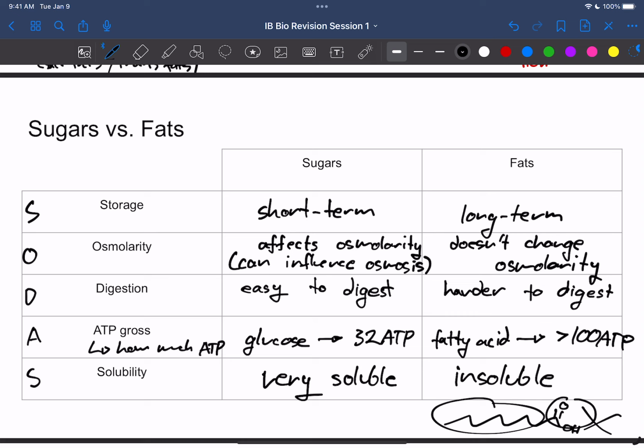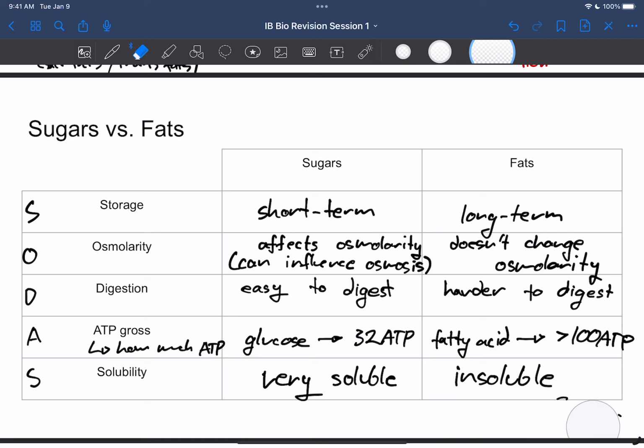This part is what matters. So it creates these interactions that are not compatible with water, and as a result, make it insoluble. They clump up in liquid. So yeah, that was your comparison. Remember the mnemonic sodas, and that'll be an easy way to compare things.